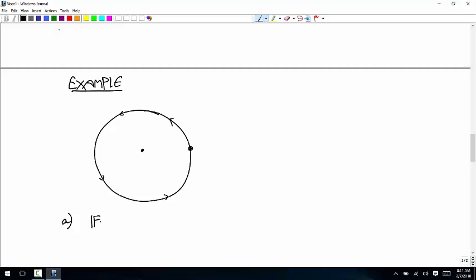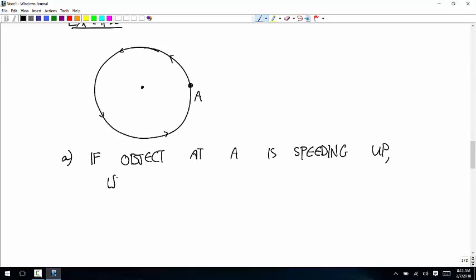And we want to know, if the object, call that point A, if the object at A is speeding up, what's the total acceleration?